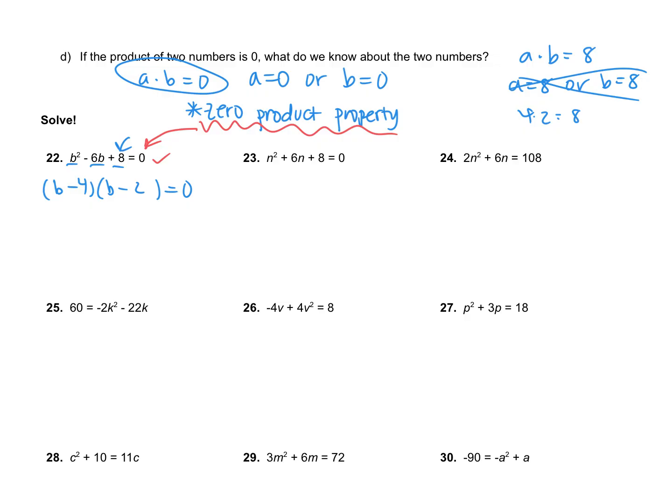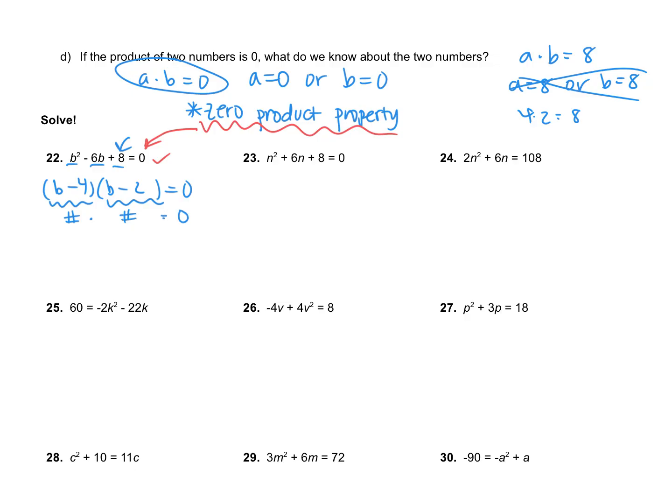Okay, now check. Does this make sense? B and B gives me b squared. Negative 4 and negative 2 gives me positive 8. I'm going to get a negative 4b, a negative 2b, which is negative 6b. We good so far? Okay, what this is saying then, this b minus 4 is some number. This b minus 2 is some number.